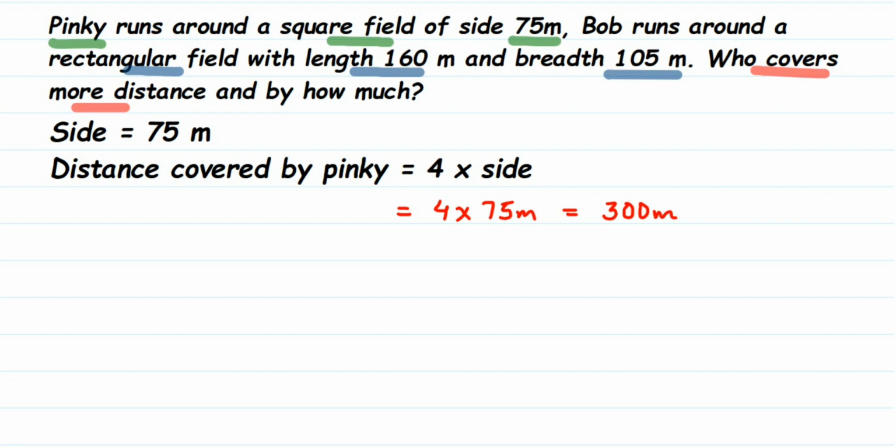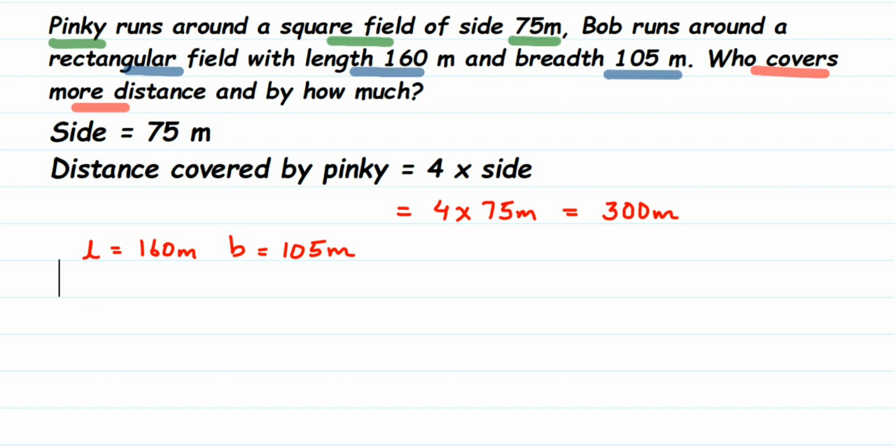The same way we have to find out the distance covered by Bob, and here they have given length and breadth. So length here is 160 meter and breadth here is 105 meter. Using this we have to find out the distance covered by Bob. So let's find out that.